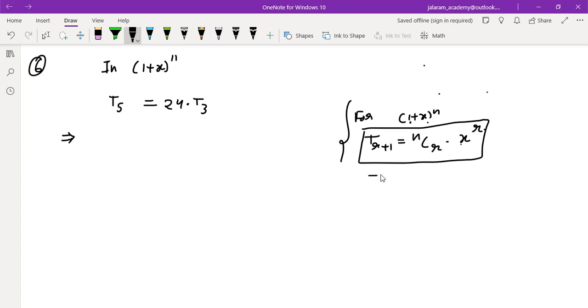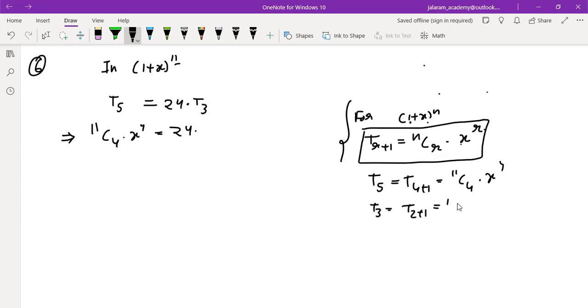Now T5 means T(4 plus 1). In place of n, 11 is there, x to the power 4. Value of r is 4. So we write 11C4 x to the power 4 equals 24 into T3. T3 is T(2 plus 1), that is 11C2 into x square.